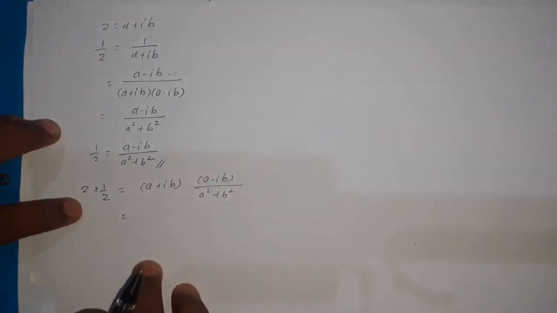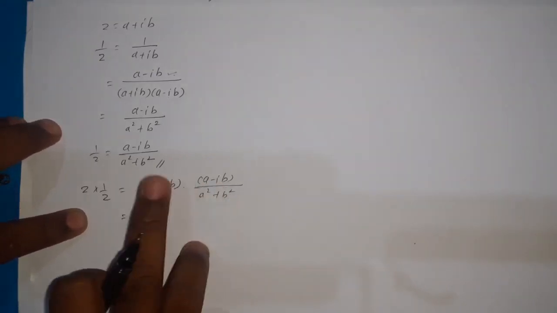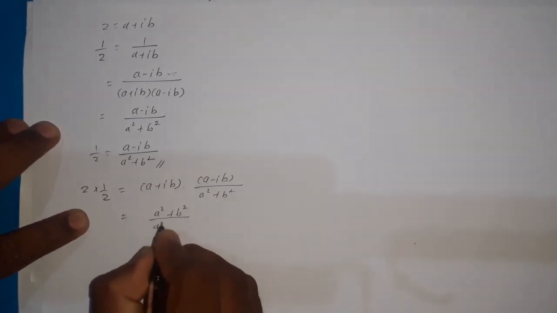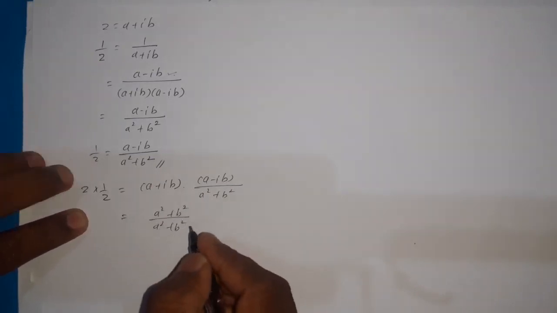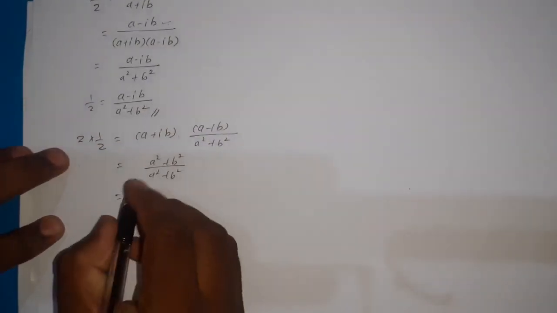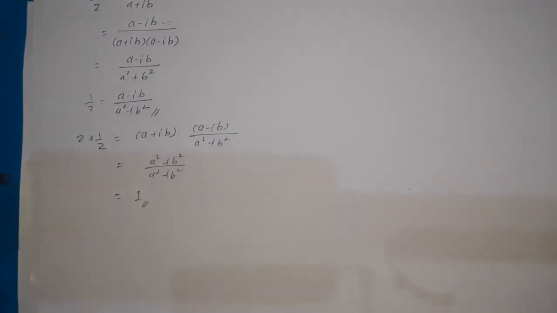And again in the numerator we have the same terms, a plus ib and a minus ib, and its product is nothing but a square plus b square divided by a square plus b square. So a square plus b square divided by a square plus b square will give 1, which is nothing but the identity element under multiplication. Hence 1 by z is the multiplicative inverse of z equal to a plus ib.